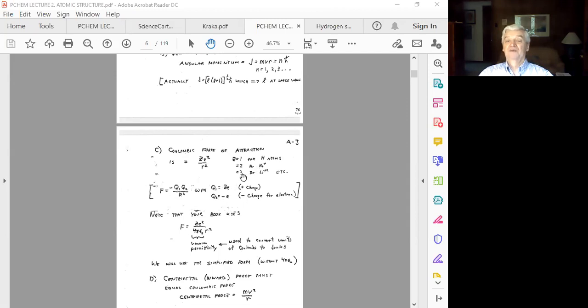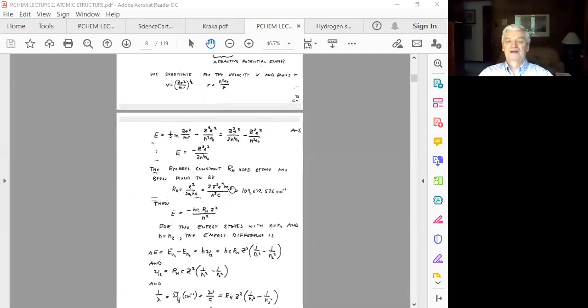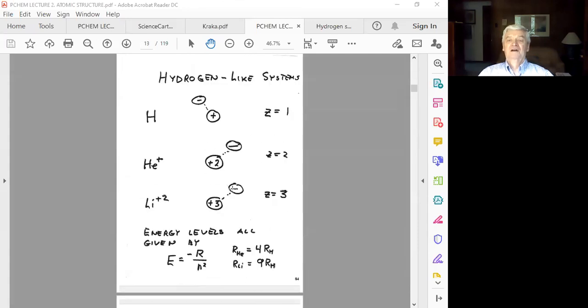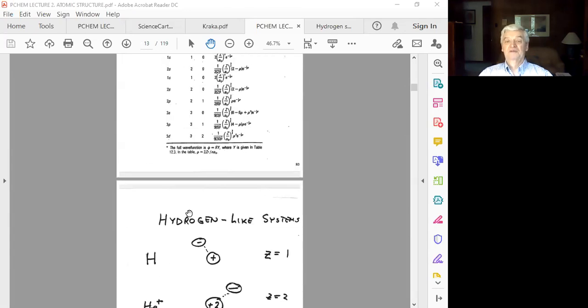If we have the helium atom, Z would be 2, we'd have a plus 2 charge. Let me jump ahead so it's clear. Okay, so this is what we're talking about. Hydrogen has Z equal to 1, helium plus has Z equal to 2, lithium plus 2 has Z equal to 3. So we'll come back to this page later when we look at the other possibilities.